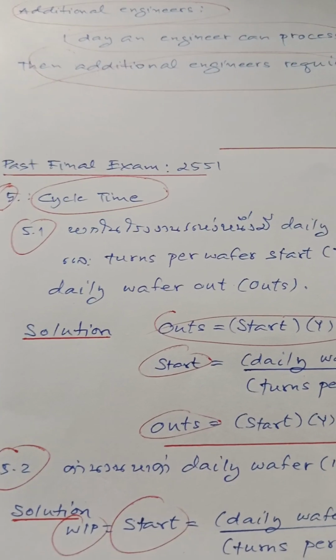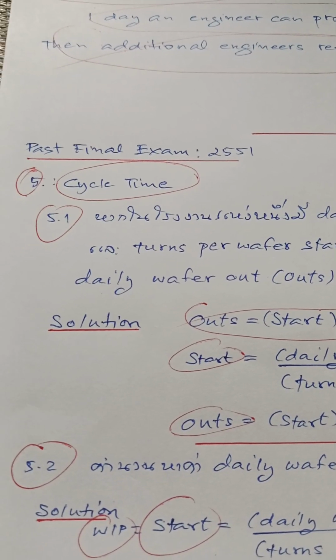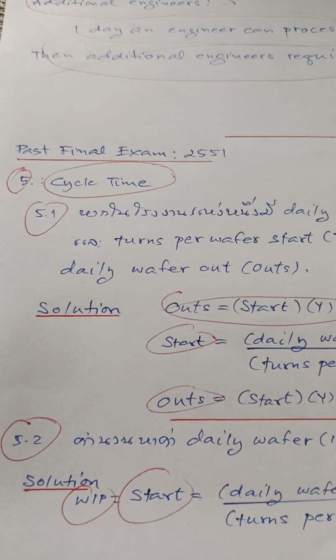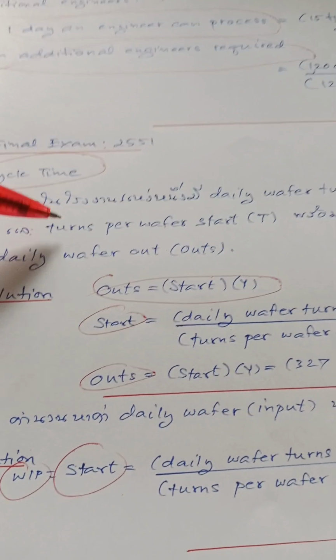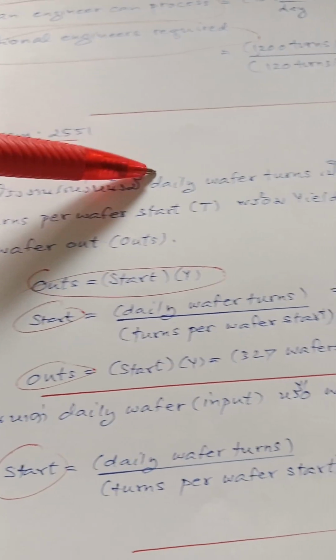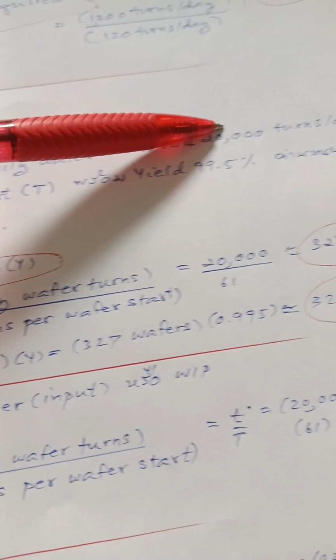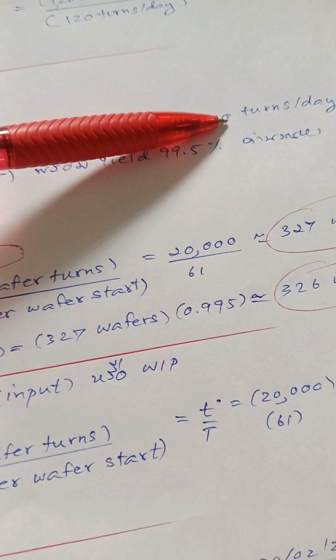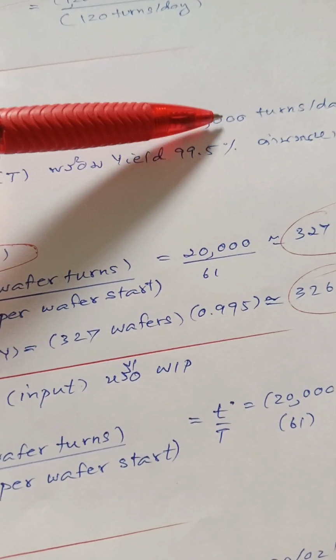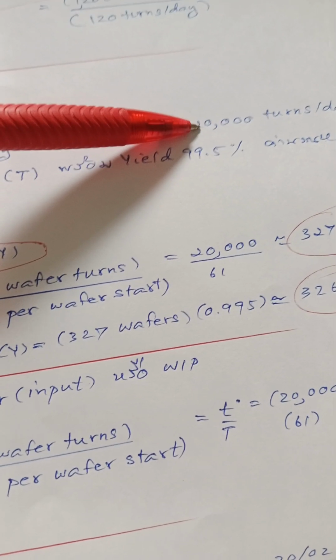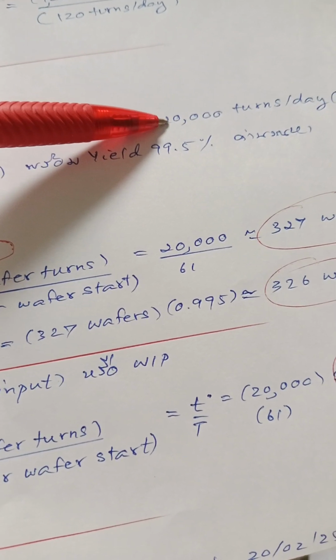Now look at the past final exam, 2551, about cycle time. For a factory that has daily wafer turns of 20k turns per day, that means the ability of the factory to run processes per day.